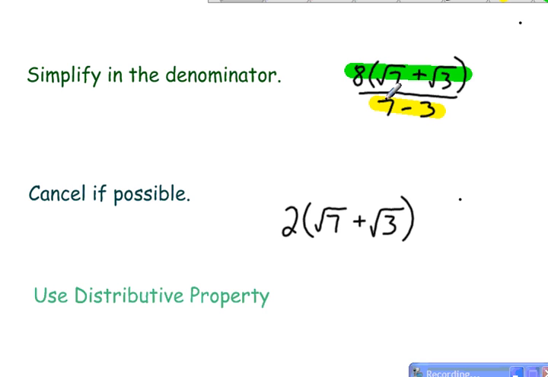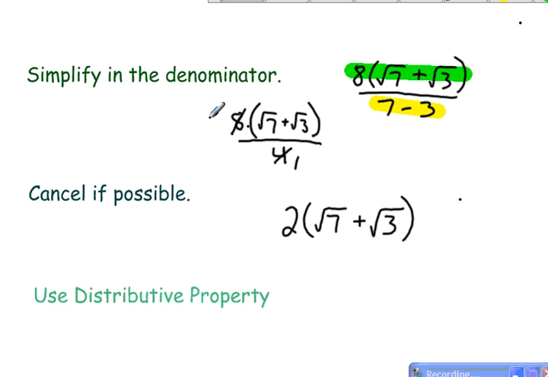So what I end up with is 8 parentheses radical 7 plus radical 3 divided by 7 minus 3 is 4. I know by my rules of division I can cancel out. That 4 becomes a 1.